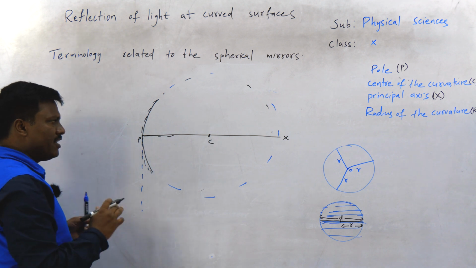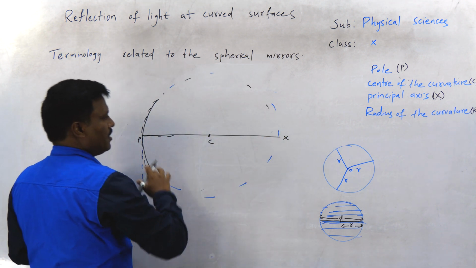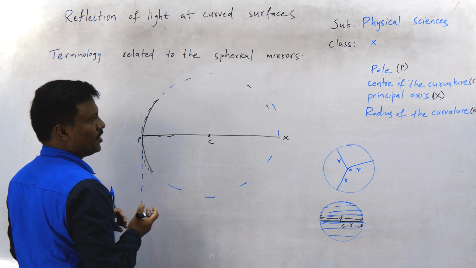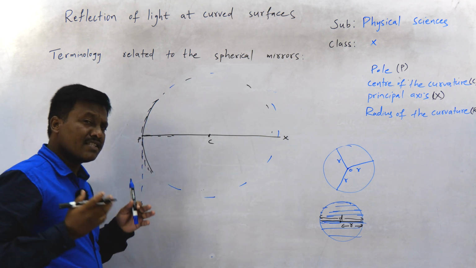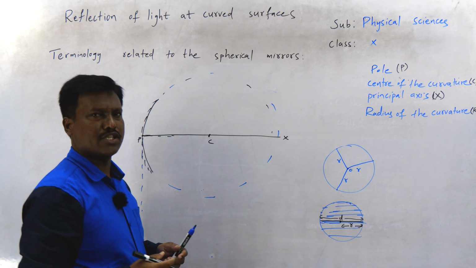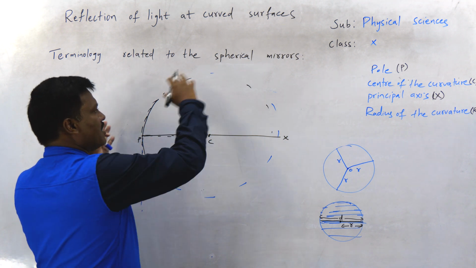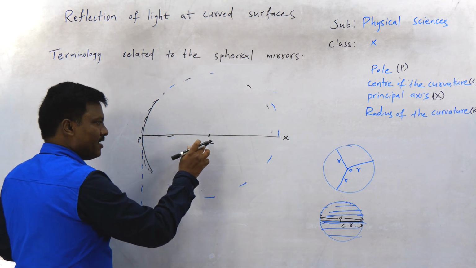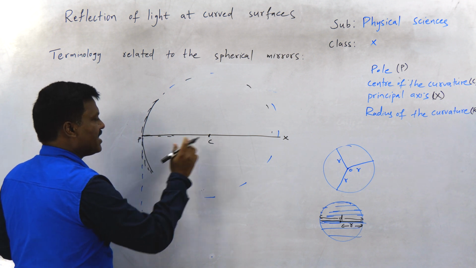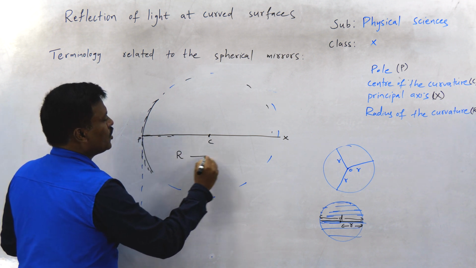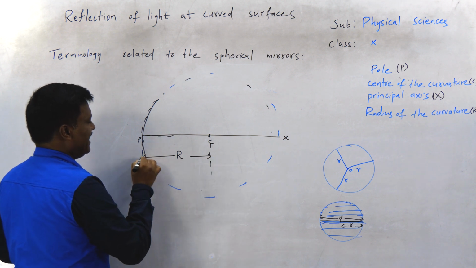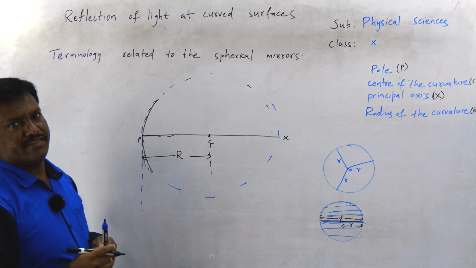Now here also look like a circle and it is a center. Actually it is a part of the sphere. We can't draw the sphere, it is a three-dimensional picture. Circle is a two-dimensional picture. Even though we draw the sphere on the board, it looks like circle only, right? So the distance between the pole and center of the curvature is equal to radius of the curvature. This distance particularly is called radius of the curvature.